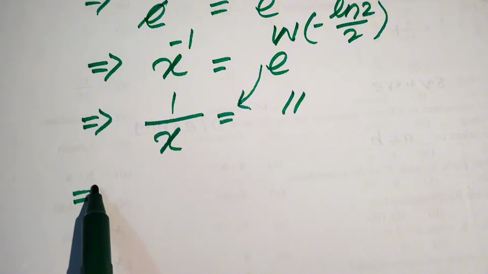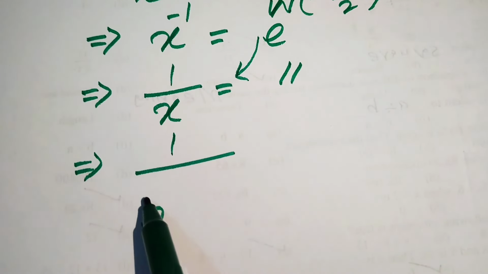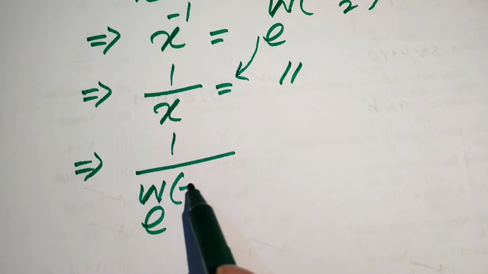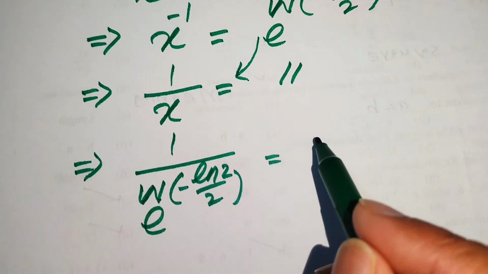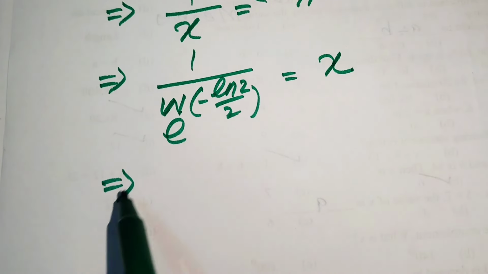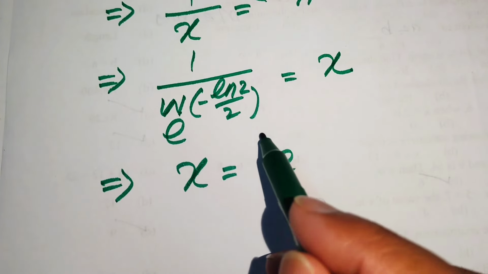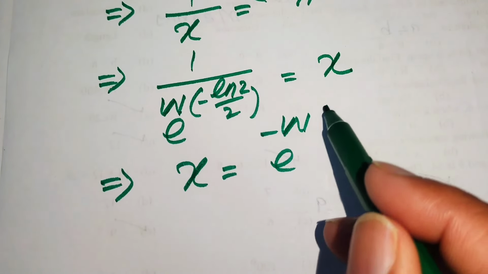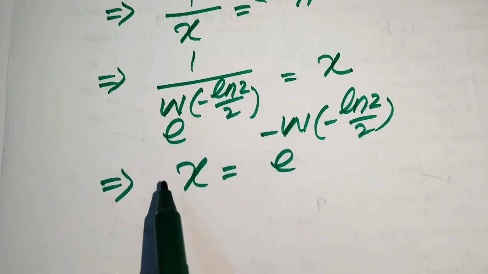When we move it to the left hand side it is divided, and we write it as 1 over e to the power of W of minus log 2 divided by 2 equals x. So here when we move this exponential function e to the upside, it is written as x equals e to the power of minus W of minus log 2 divided by 2.